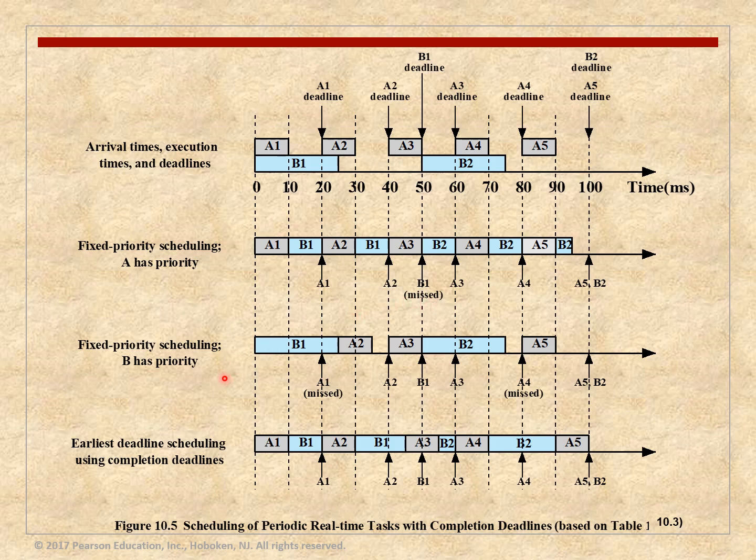Using the same way that we did previously, but this time B has priority. With A1 and B1, we execute B1 first. B1 executes until 25.